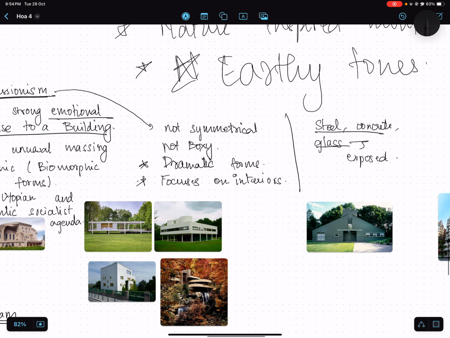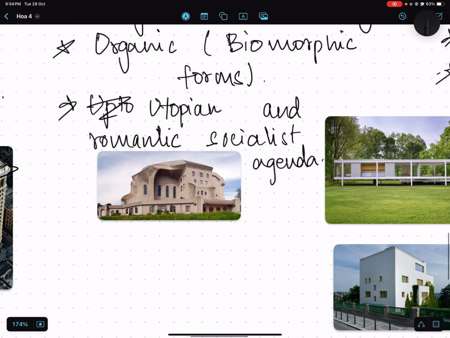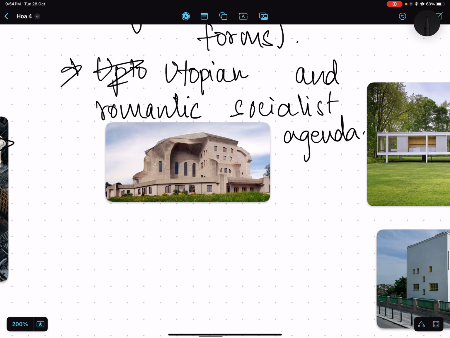And most of the structures are inspired from natural elements like caves, mountains, or crystals. So this is an example of Expressionism. It's called the Goetheanum by Rudolf Steiner.